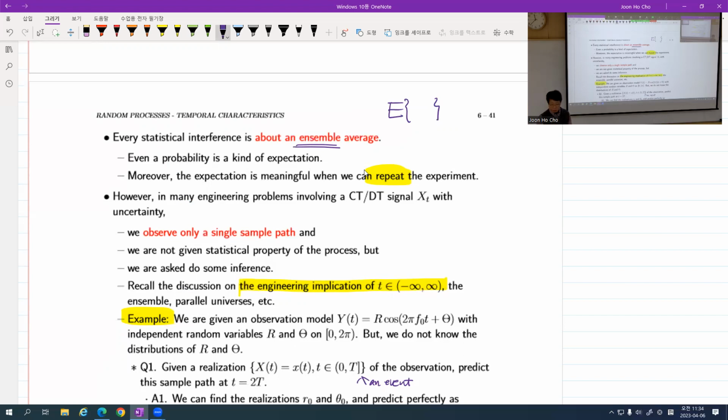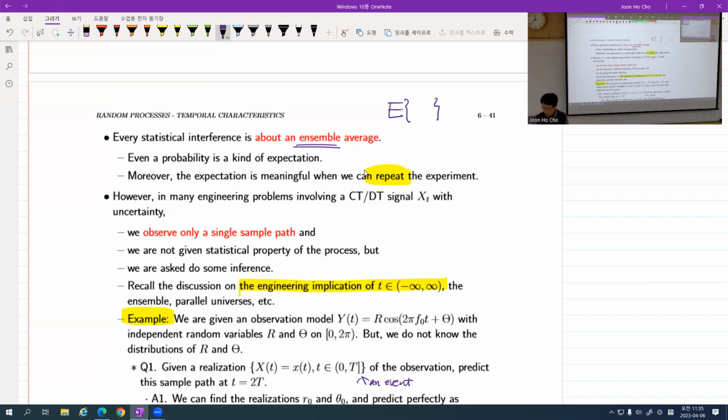You may say, I remember, that is the MAP detection problem. So I compute the maximum a posteriori probability, the probability of heads given that observation and tails given the observation. I'm not dealing with expectation, I'm dealing with probability, you may say.